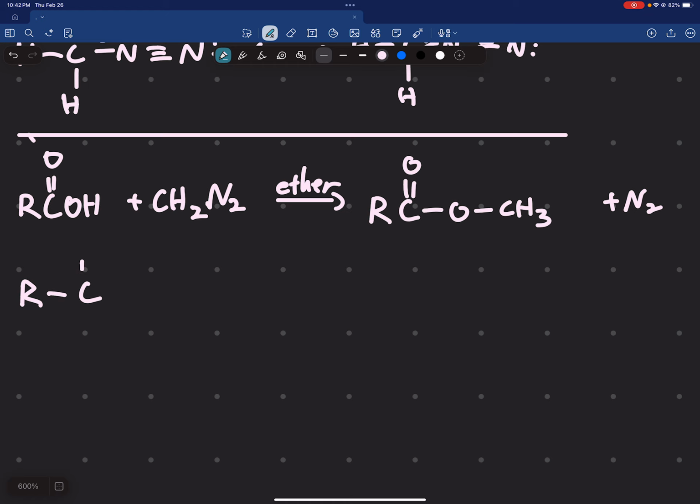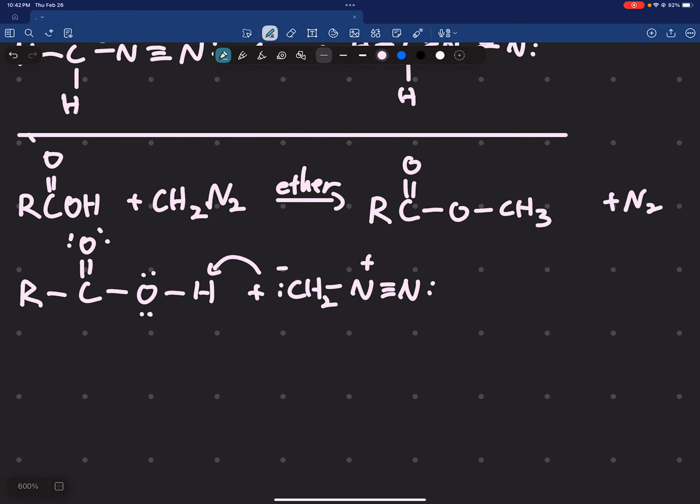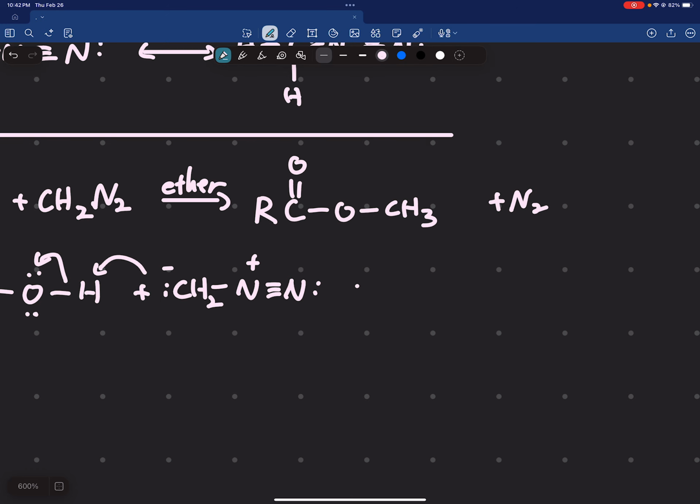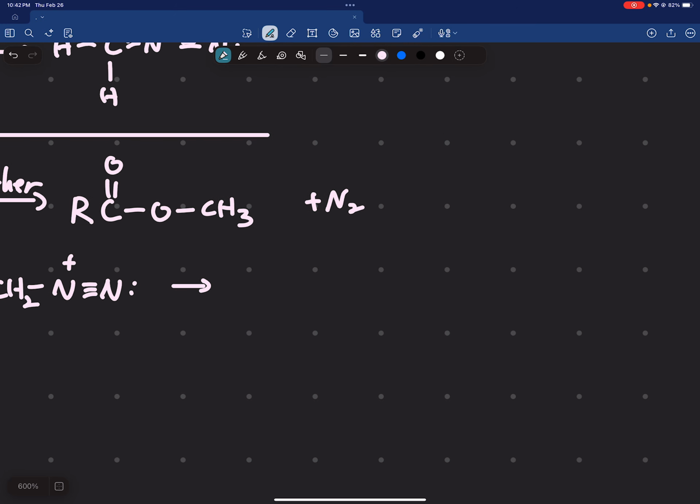Let me show that here. So this will deprotonate our carboxylic acid, and it's going to give us our carboxylate anion, like so.